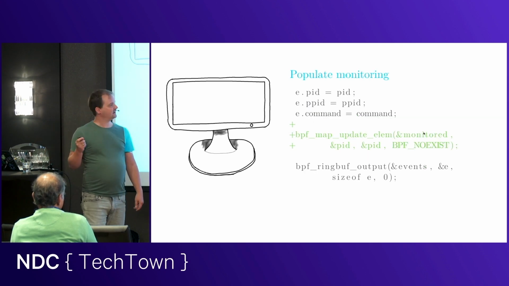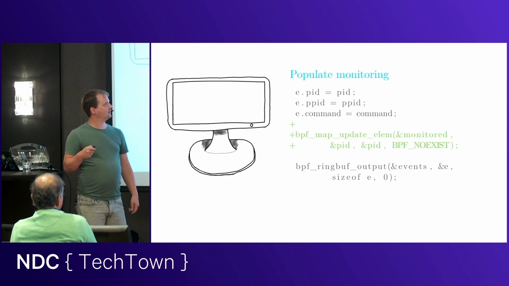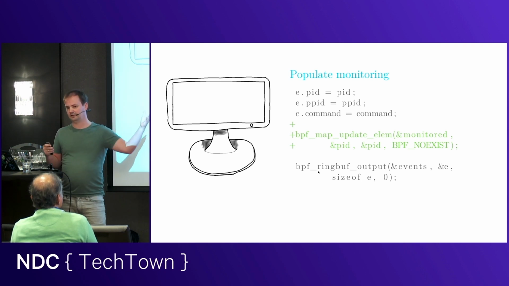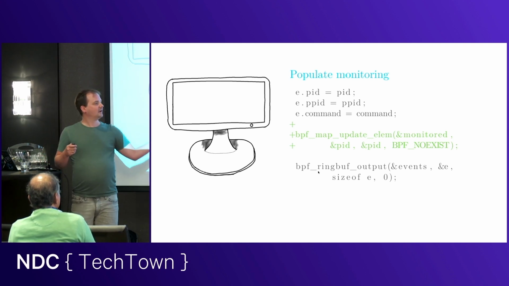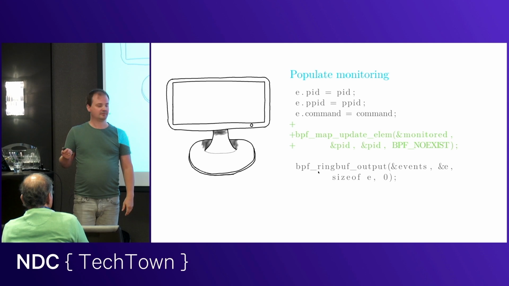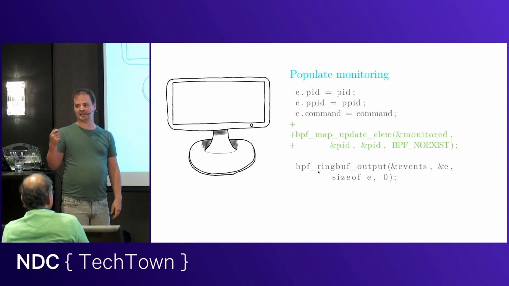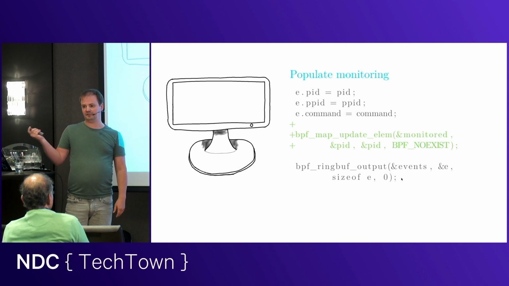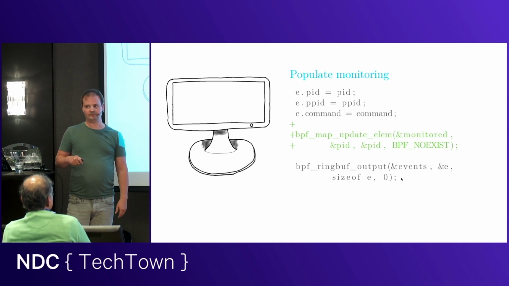So when I have decided that this is interesting for user space, I put it into the monitored map. Basically, I put the PID that is being exec'd into the monitored map, and then I send the information up to user space.